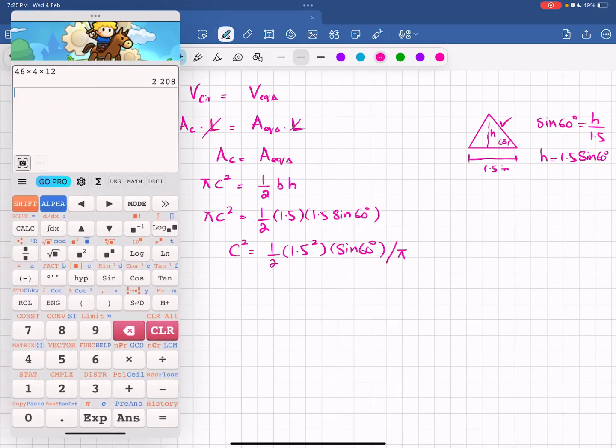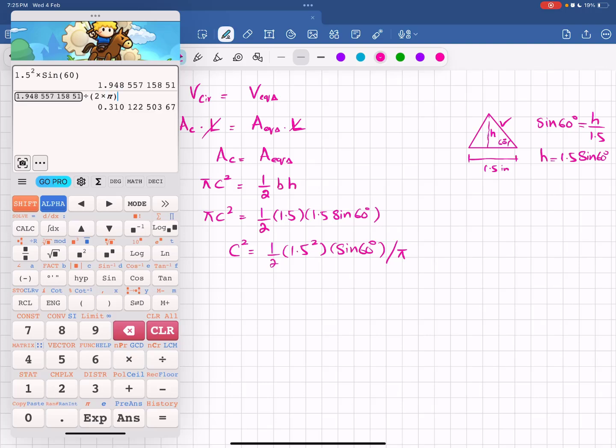So let's calculate it. 1.5 square multiplied by sine of 60, again 1.5 square multiplied by sine of 60 divided by 2 multiplied by pi.